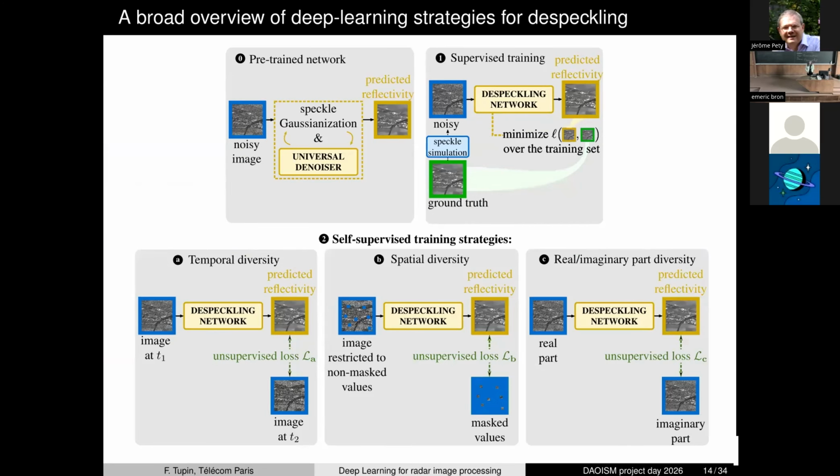So I will not really go inside the architecture of the different networks that we could use, but I will mostly discuss the different strategies we could try to define to solve the problem. The first strategy, which is level 0 that you could apply, would be to take some off-the-shelf denoiser, usually well adapted for Gaussian noise.